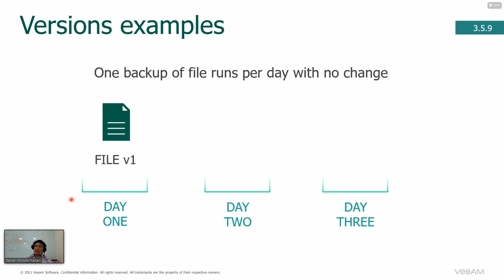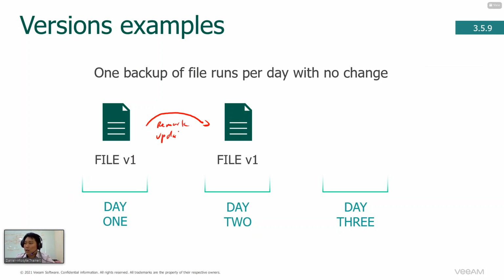Then, when I run a second day backup, no changes happen to the file in your production NAS. Veeam will not read the same file again. No point, because it's the same data. So Veeam will just back up the data that comes with changes, leave all the files without any changes, and remark the same file in the repository as the latest data.